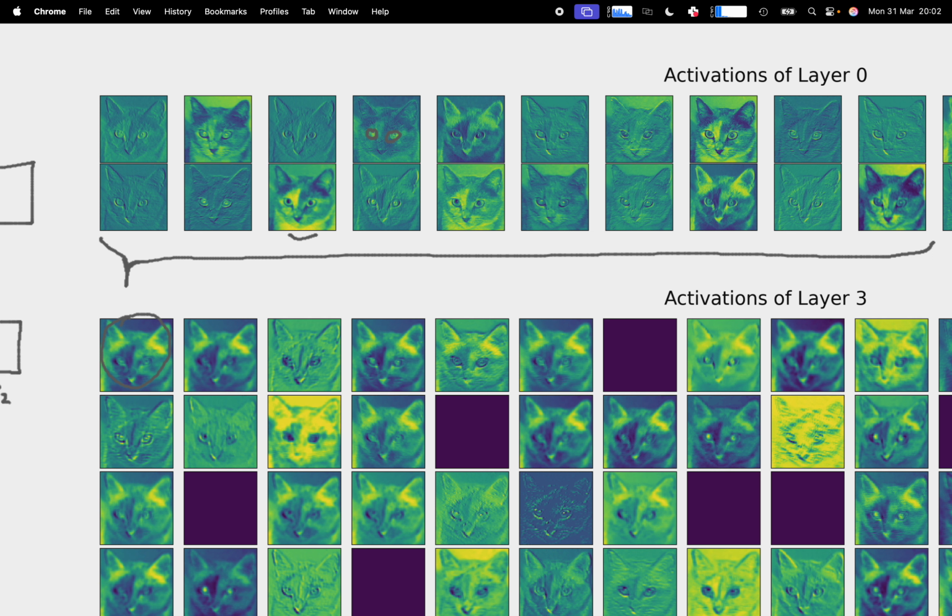And we can also see that, again, some of these guys are very responsive to eyes. Some of them were very responsive to the forehead, the background, or particular colors in the image. Some of them, like this is very interesting, they respond to all kinds of small edges, no matter where they are. Like this one seems to combine edges that are horizontal or diagonal or vertical, and combining all of them in the same input image.